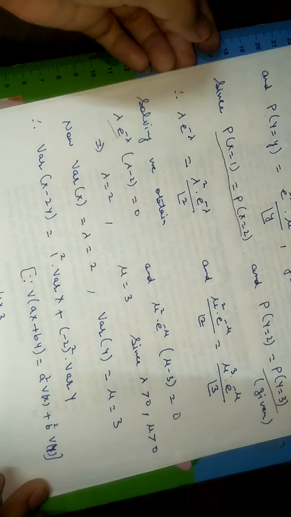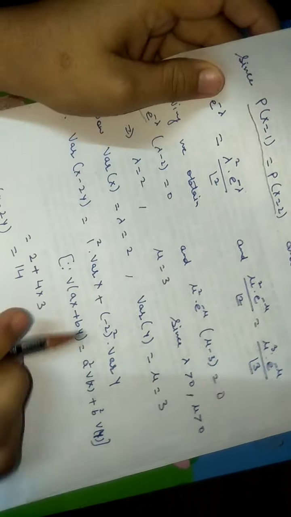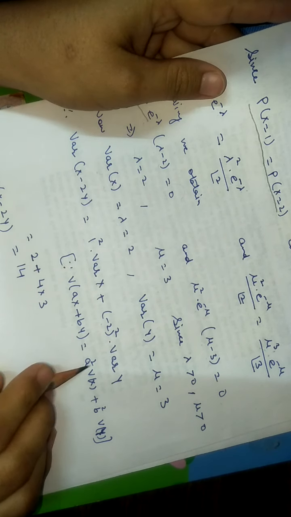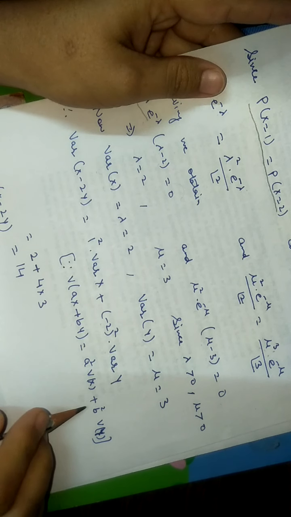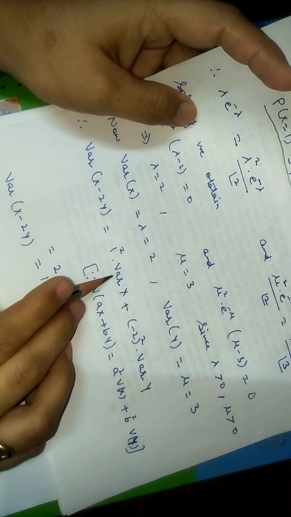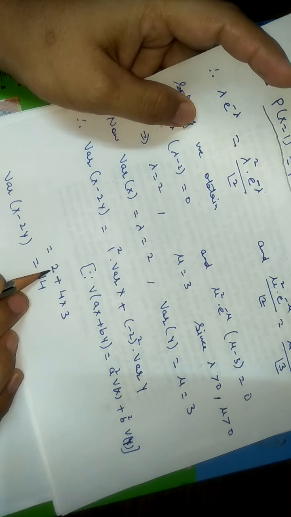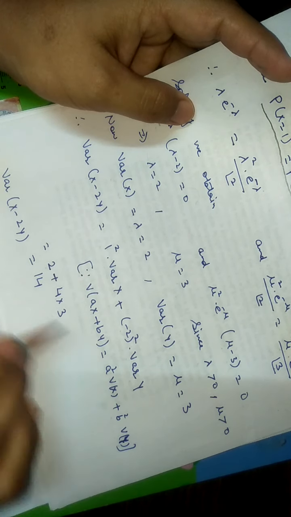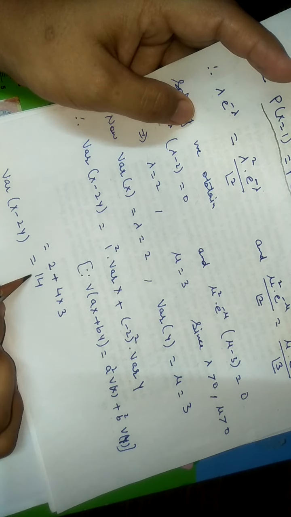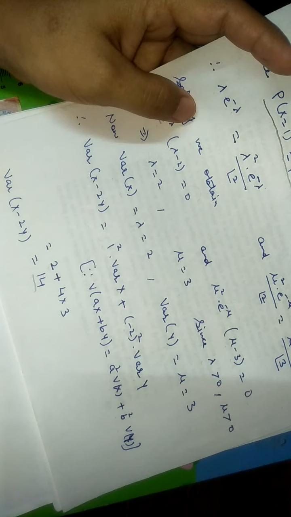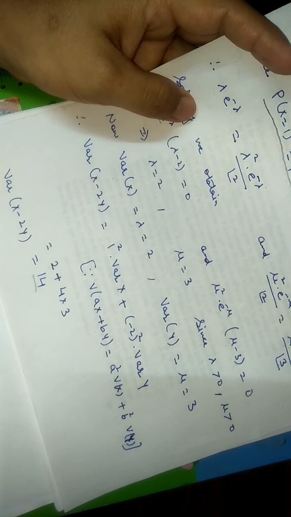Here we use this formula: variance of ax plus by equals a square into variance of x plus b square into variance of y. So 1 square is 1, variance of x is 2, so we substitute here, plus minus 2 square is 4 into variance of y is 3. By solving this we get variance is 14. So variance of x minus 2y equals 14.